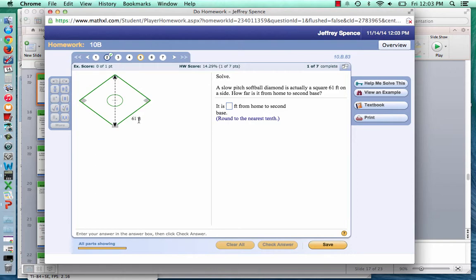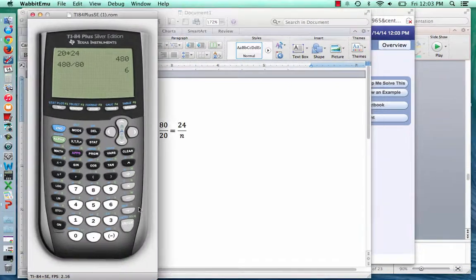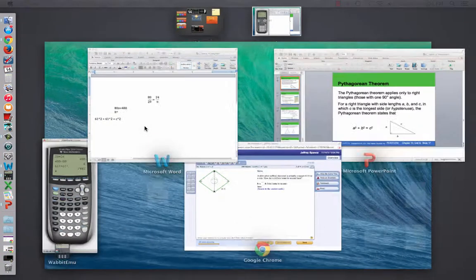So let me write this out. This is going to be 61 squared plus another 61 squared, because that's the length of the other leg, should equal C squared. So the first thing I have to do is get 61 squared and add it to 61 squared. So 61 squared plus 61 squared equals 7,442.